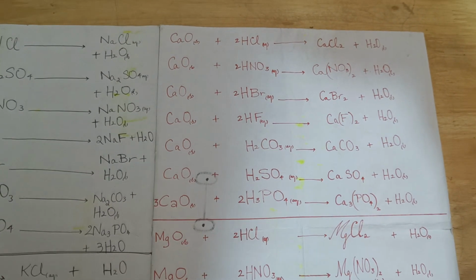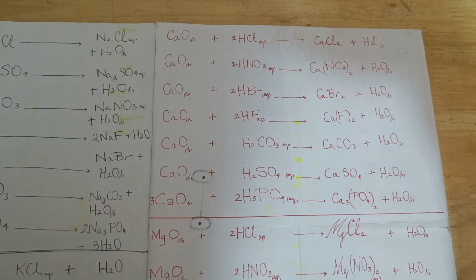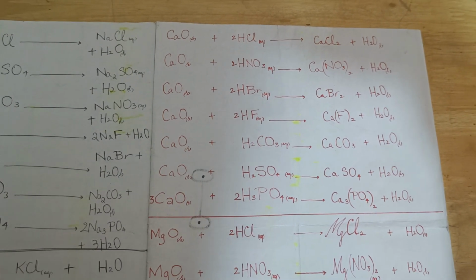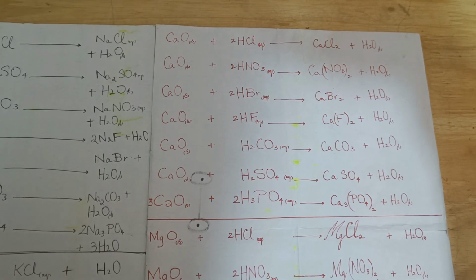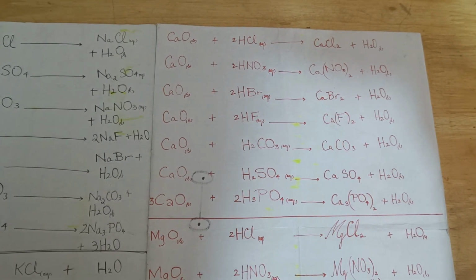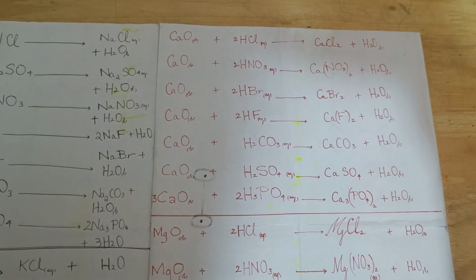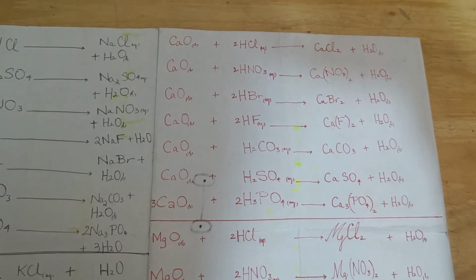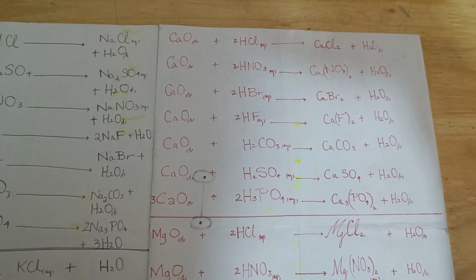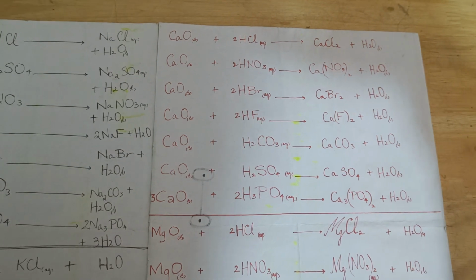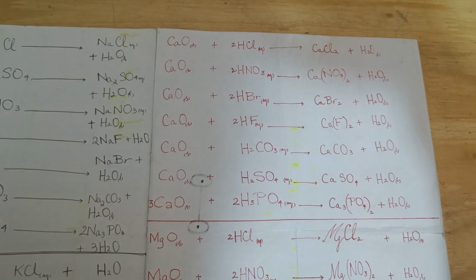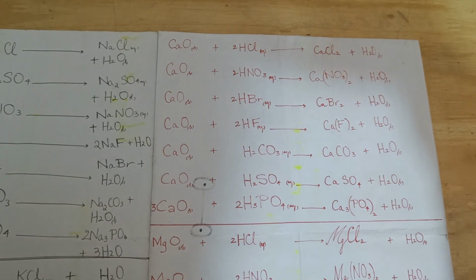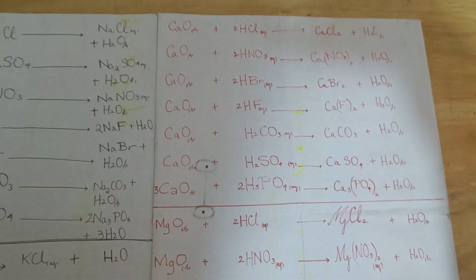Calcium phosphate, calcium sulfate and calcium carbonate would be precipitates, whereas calcium fluoride, calcium bromide and calcium nitrate would be soluble, not very detectable, but they'd be there, elevating the pH of the solution from 1 to 7. You could use litmus paper. Then CaCl2 will also be soluble, not very visible.